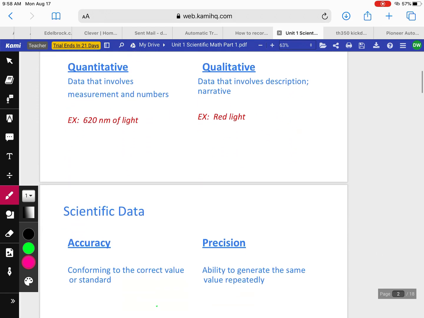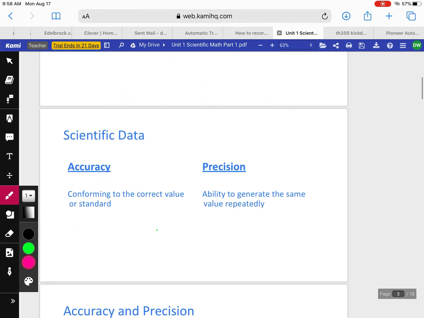But we also need to be accurate and precise when we are gathering data. Accuracy is how close it is to the actual value, and precision is the ability to get the same results over and over again.